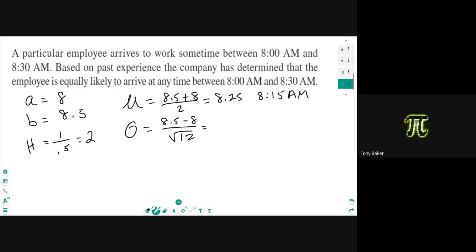So let's give me my number there so I can write it down. 0.144, which I do not know what that translates into time off the top of my head. Let's see, hold on. 0.144 times 60 is 8.6 minutes. So what is 0.6 of a minute? 36 seconds. Oh, yeah.